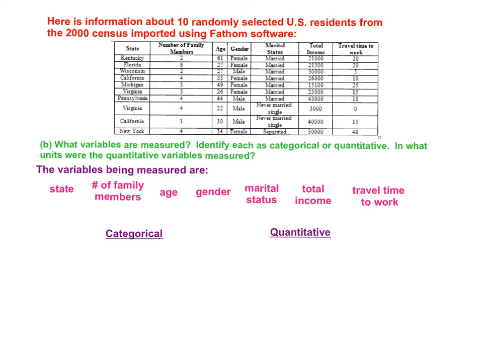Here's the same table. Let's go through this, just getting used to identifying variables, because each little column that we have is a variable, right? It's a response from these 10 individuals that isn't necessarily the same. We're measuring what those responses are.